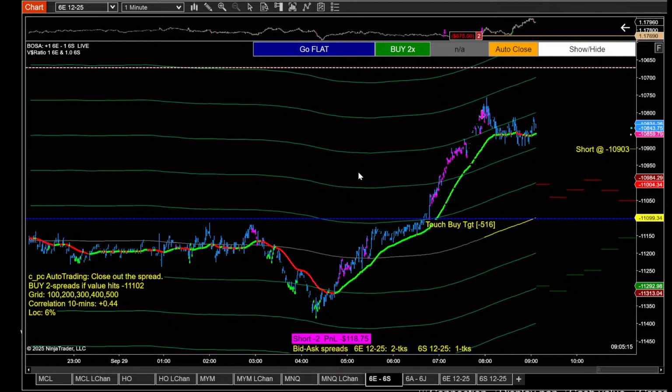Now, there's other types of spreads. You have probably heard of some famous ones like the crack spread. Now, the crack spread is oil, heating oil, and gasoline. So, crude oil is cracked. It's broken apart and it results in the production of heating oil and gasoline.